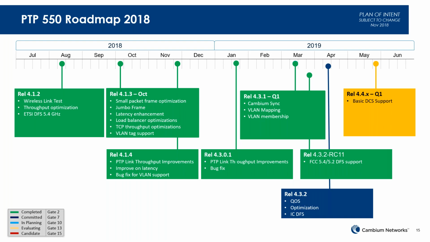We are evaluating the details about which features will be in phase one and which in phase two. Once we have those details finalized, we will have a more solid date to put in, and we will share it with you next time. But DCS is coming in the second half of the year. When the radio detects interference, the radio will make the choice for both the channel size change and the frequency change.